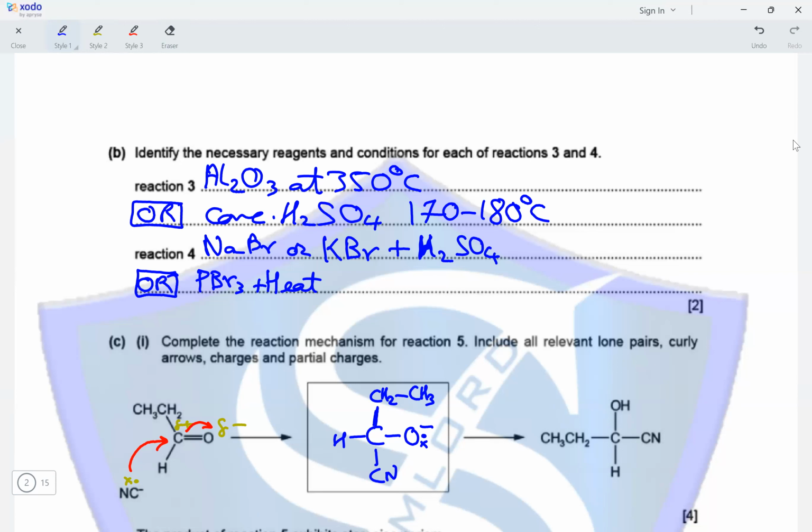So this is the intermediate that is formed, and when it has an H positive ion present in the solution, the lone pair of electrons on oxygen will be attracted towards the electron deficient species, and we will have the formation of the cyanohydrin. So this is how the mechanism for nucleophilic addition occurs on this aldehyde.